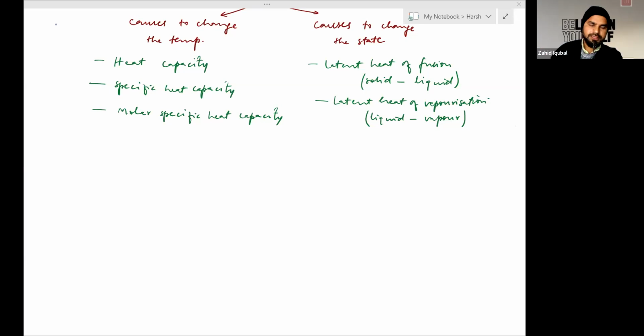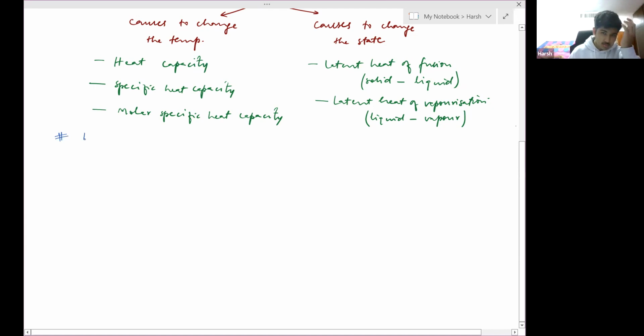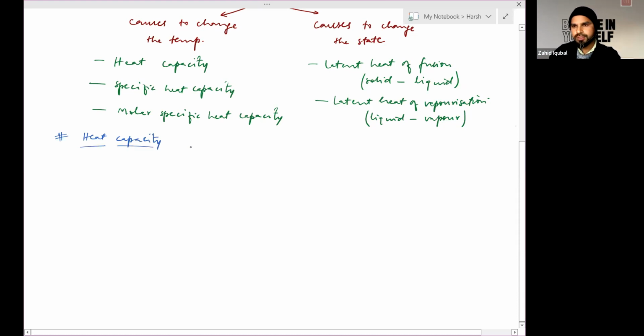So the first term related to this part is heat capacity. It is the amount of heat required to change the temperature of any substance by 1 degree Celsius or 1 Kelvin at normal atmospheric pressure.